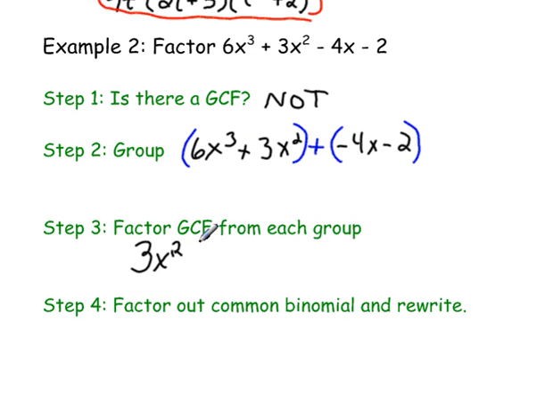And what's left over? 3x squared factored out of 6x cubed leaves me with 2x. And 3x squared factored out of 3x squared is 1.